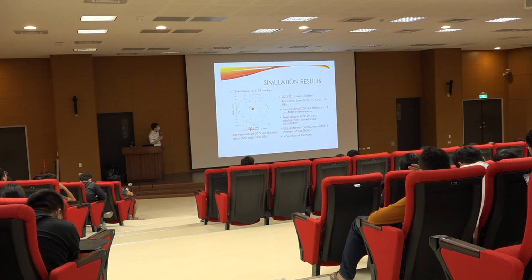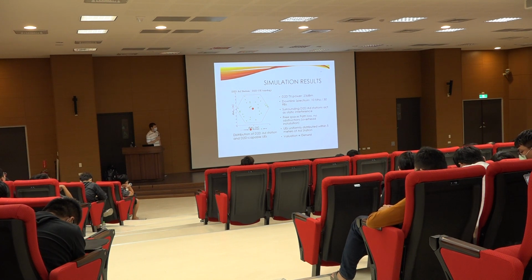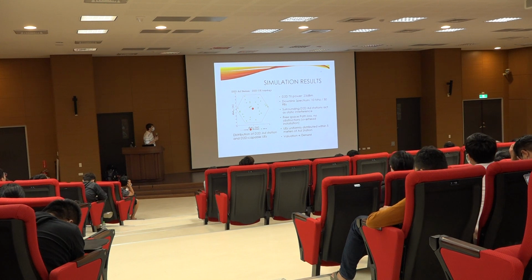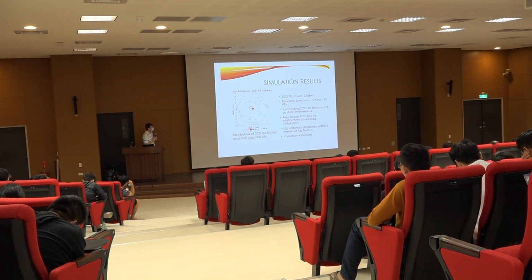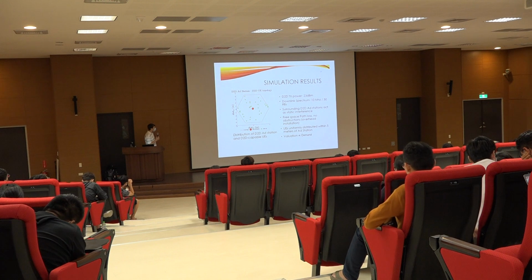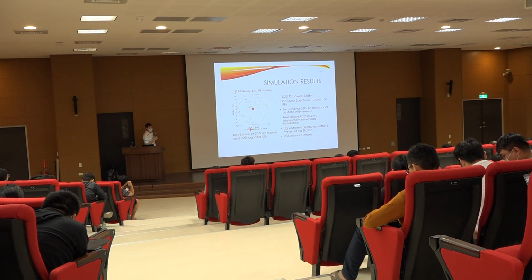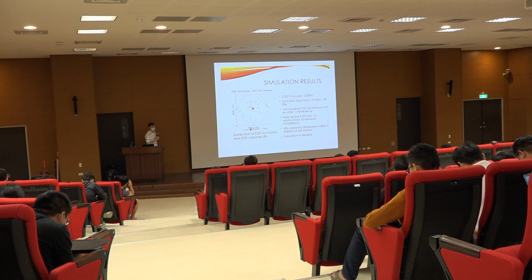So for simulation, we see here D2D power based on 3GPP is set to 23 dBm. For standard base stations, it's around 30 dBm. I assume here 10 megahertz of downlink spectrum, or 50 resource blocks. The surrounding D2D ad stations act as static interference, which is a fair assumption based off worst case.